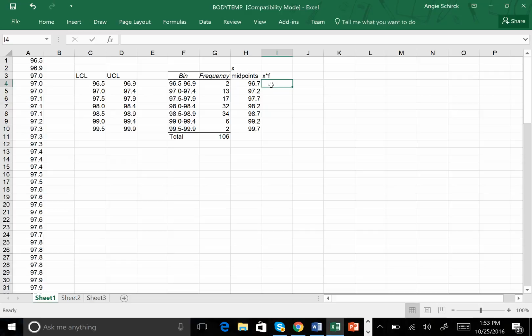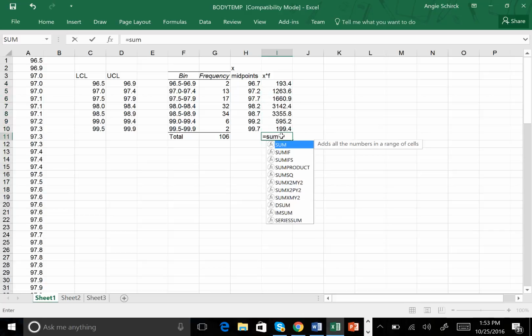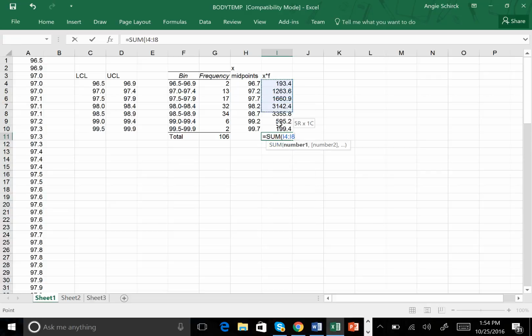So in this case, we'll say equals the data value x, which is this box, times the frequency, which is this box, and hit enter. And just like before, we can drag down, and we also need the sum of this. So I will put the sum below by highlighting all of these boxes here.